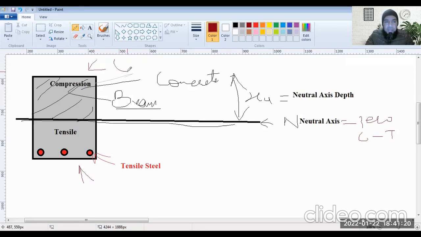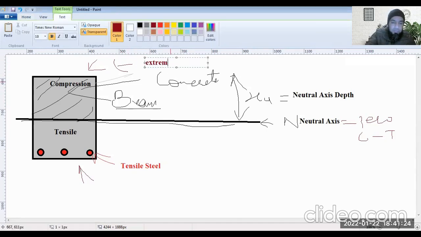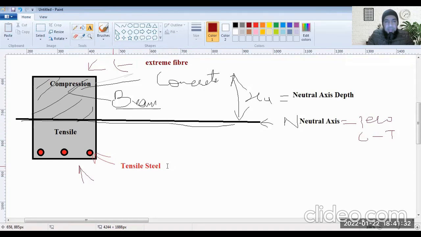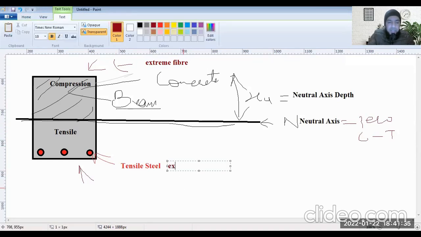this is the extreme fiber here, at the top, which is in compression, and there will be an extreme bottom fiber which is in tension. So this layer at the center is the neutral axis, and the depth from the topmost compression fiber to this is the neutral axis depth.